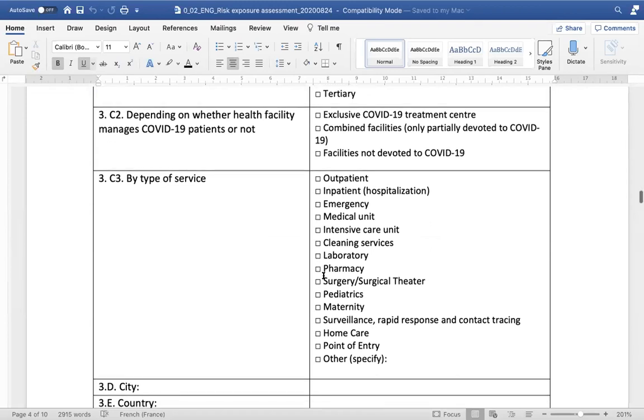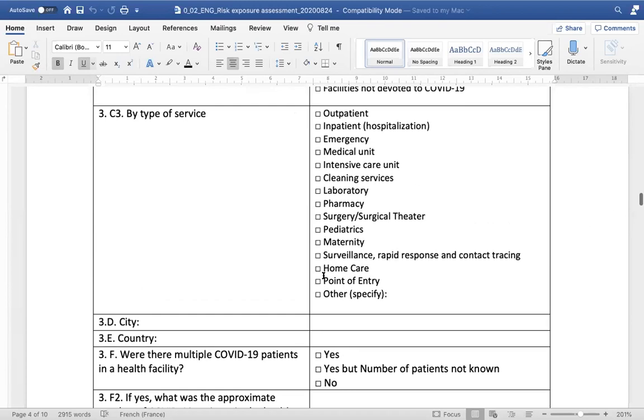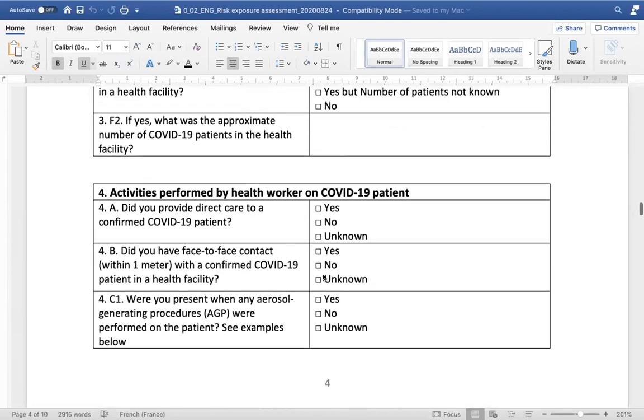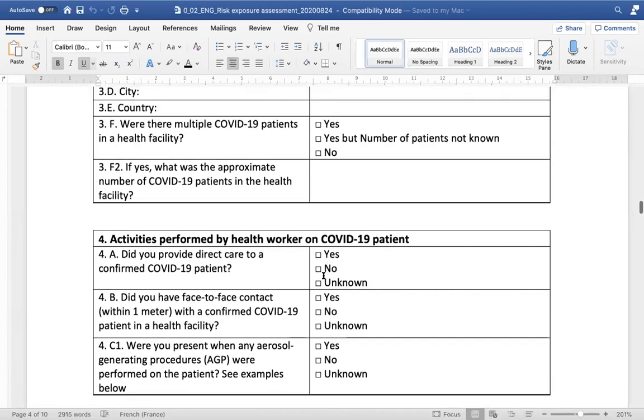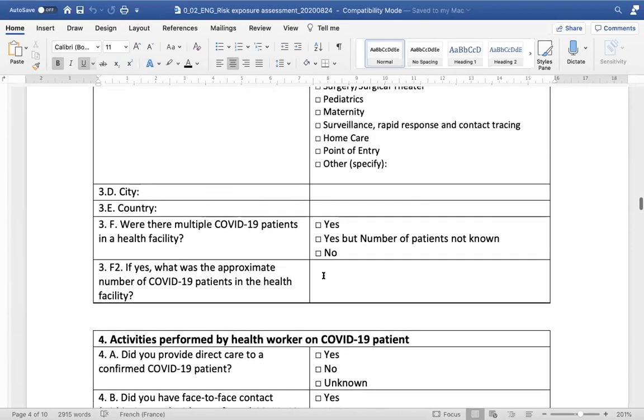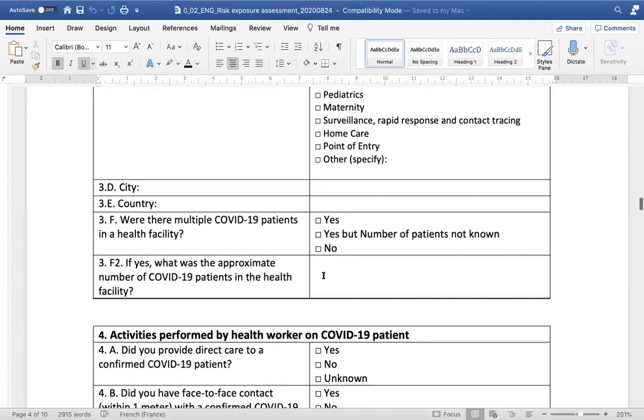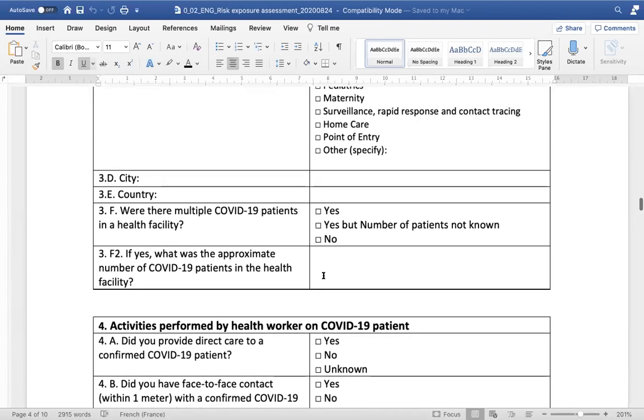Then what type of services are provided? Is it outpatient, inpatient, and the rest as listed below? The city, the country, and were there multiple COVID patients in a healthcare facility? You will answer yes or no. And if yes, what was the approximate number of COVID patients in the healthcare facility?